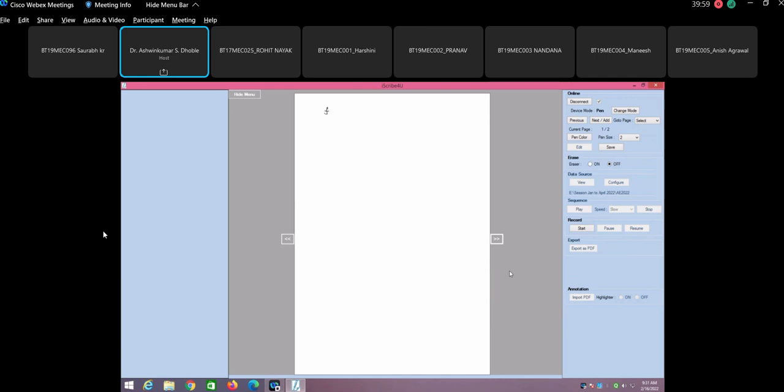F by G that is equal to mu into B minus L cos of theta divided by B plus mu H minus sin of theta.